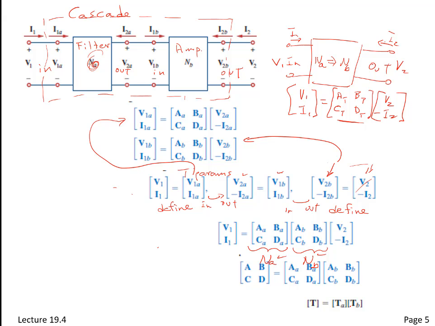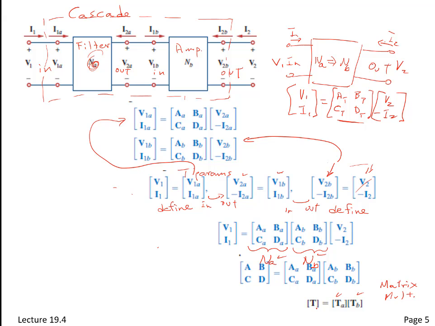The nice thing is, if I'm cascading networks, which is an important thing to be doing, all I need to know is the transmission parameters of each network, multiply them together in matrix form, right? This is a matrix multiplication. Multiply them together in matrix form, and I get the matrix for a combined network.